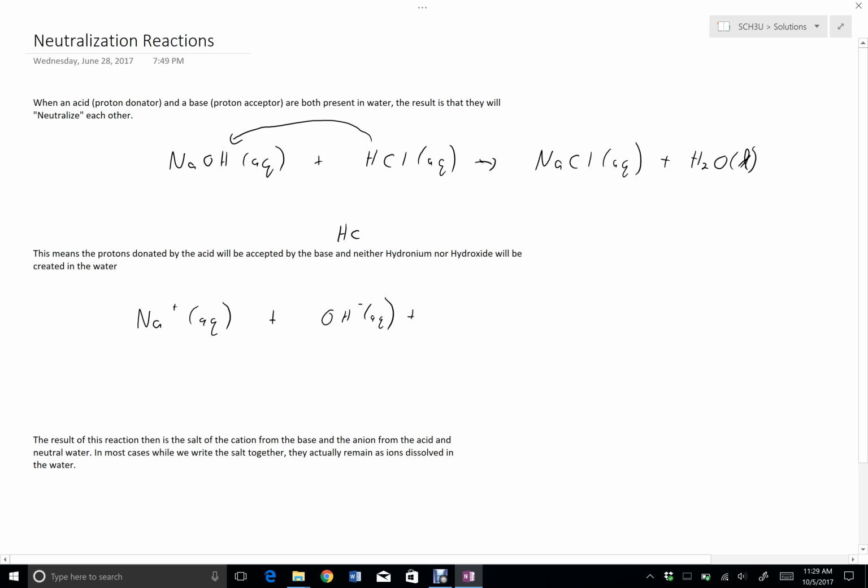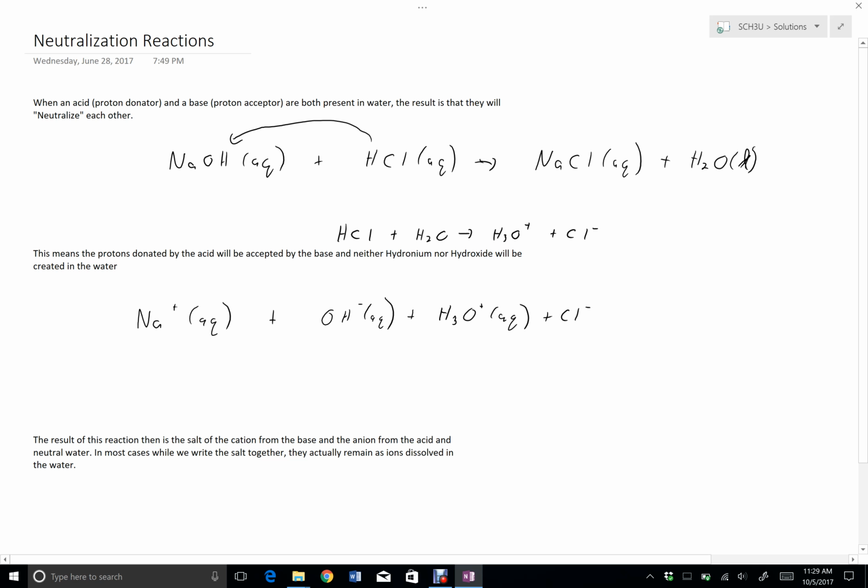This HCl, when it dissolved in water, didn't actually form H+. What it really did, we've talked about this before, is form hydronium and Cl-. So if I write out its ions, I should really write out H3O+, aqueous, and Cl-, aqueous.